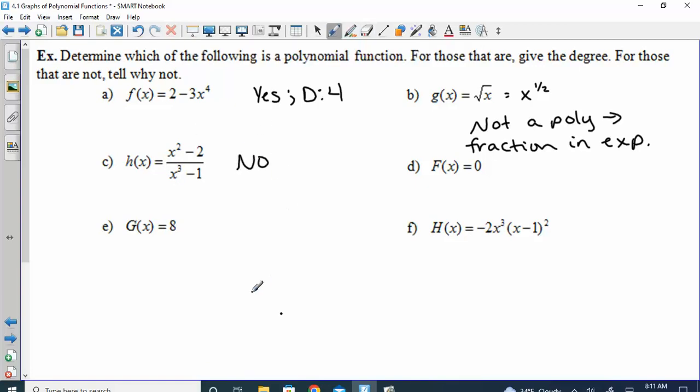No. Another way to think about it, dividing is like having a negative exponent, and if it's a polynomial, you can't have a negative exponent. So this one is not a polynomial. Basically, if there's a variable in the denominator, so if there's a variable on the bottom, it's not going to be a polynomial.